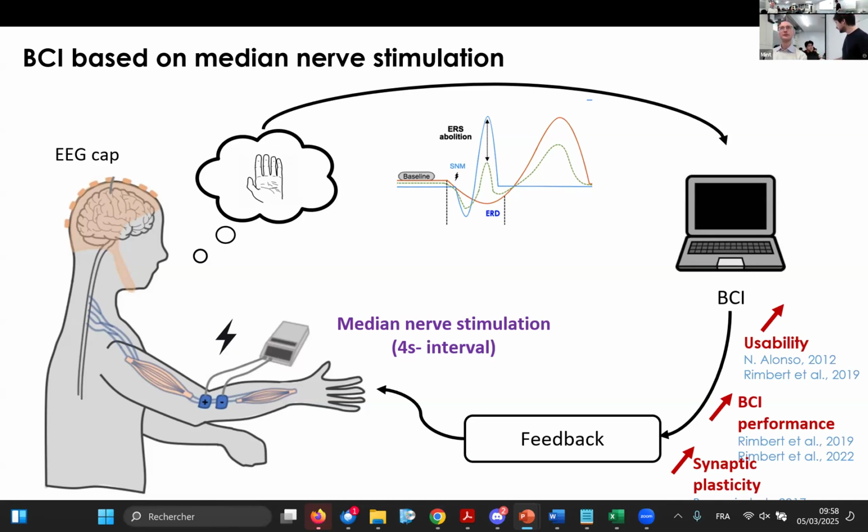And we also think it could give better synaptic plasticity, because if you stimulate the median nerve at the same time that you perform a motor imagery task, you will have a motor cortex activation and a somatosensory cortex activation. And some articles in the literature show that in this case you will have an increase of synaptic plasticity. So it could be very useful for stroke rehabilitation or sports training applications, for example.